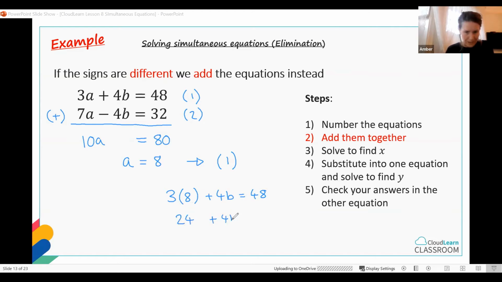Plus 4b is equal to 48. So 4b is equal to 48 minus 24, which is 24. And then 24 divided by 4 gives us b is equal to 6. Okay, so a is 8 and b is 6. And if you want, you can check in equation 2 there as well.